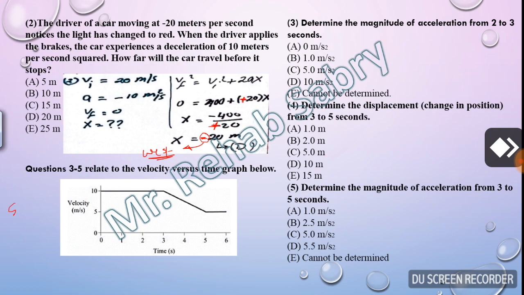You have to remind yourself before solving anything, the slope of velocity versus time is acceleration. This segment is horizontal. So the slope is 0.